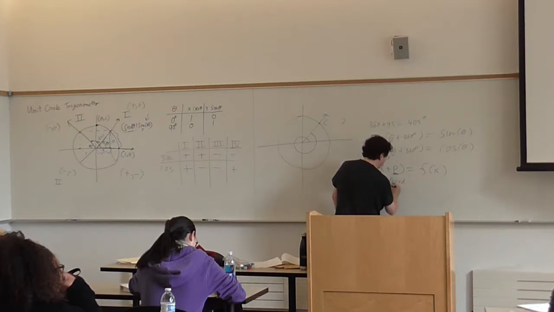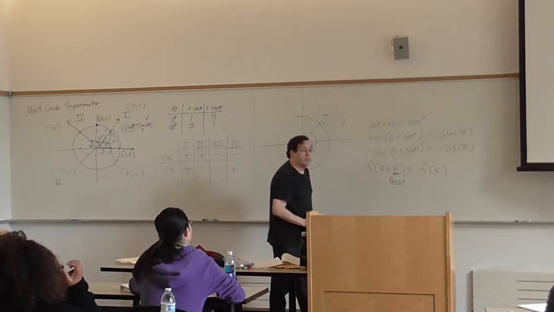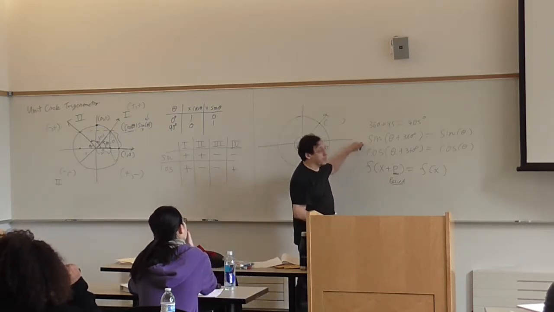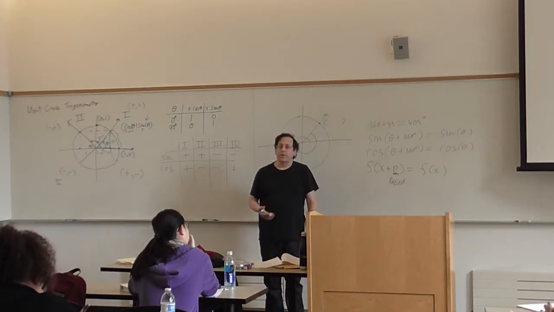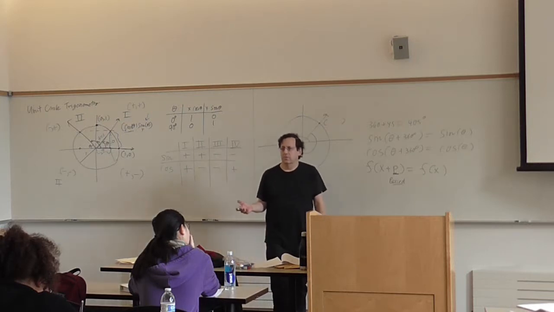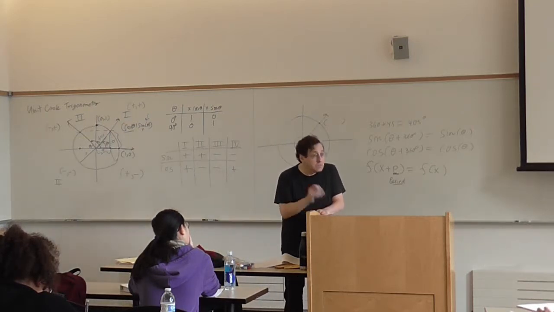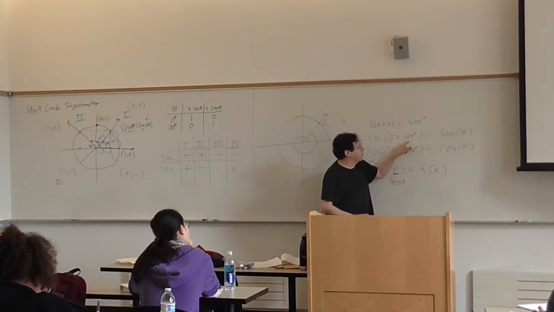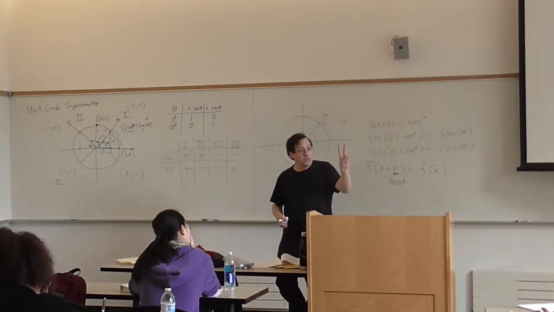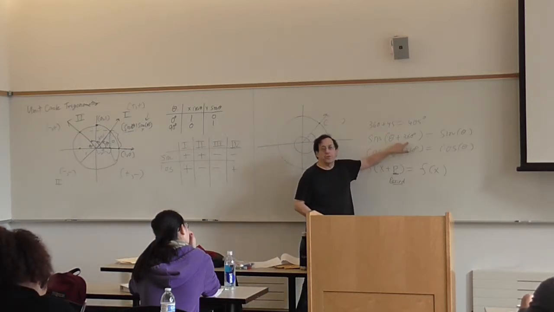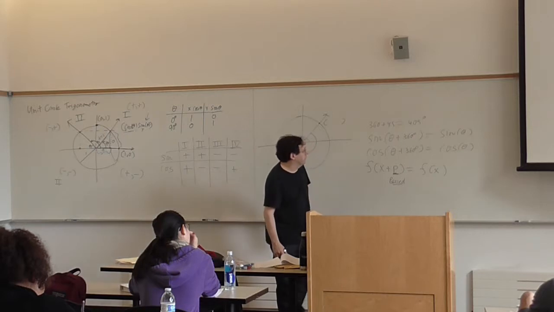Is that called periodic? Yeah, it's a periodic function. Sine and cosine are both periodic functions with period. What's their period? Close. What's 360 degrees in terms of radians? 2 pi. Yeah. They have period 2 pi, or if we're using degrees as our scale, 360.